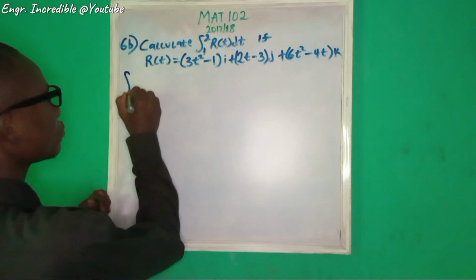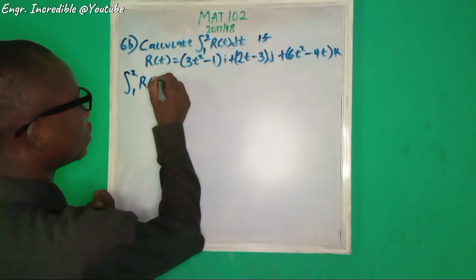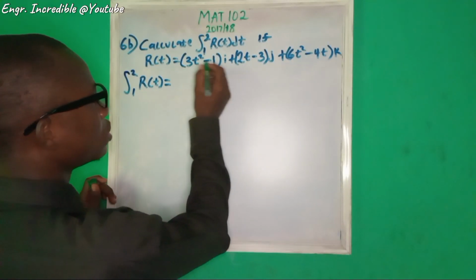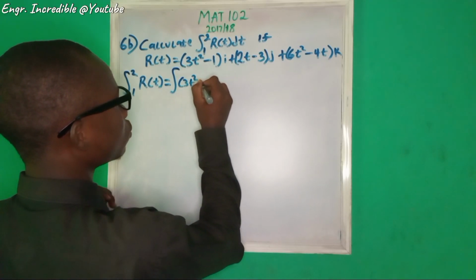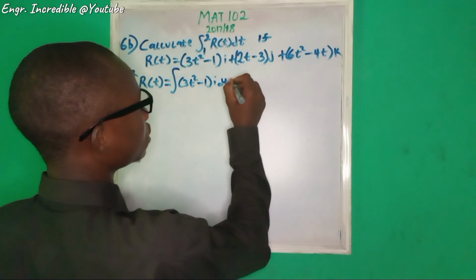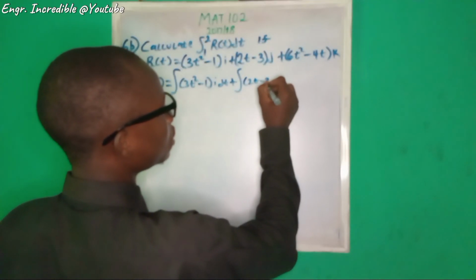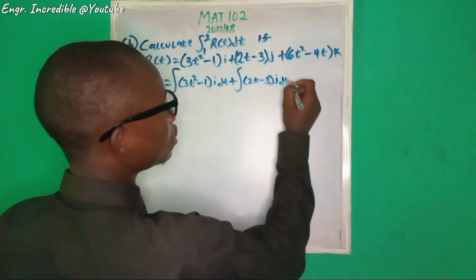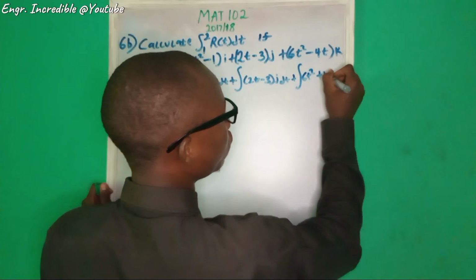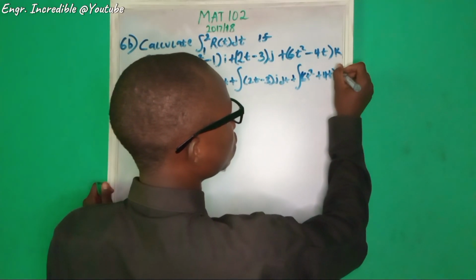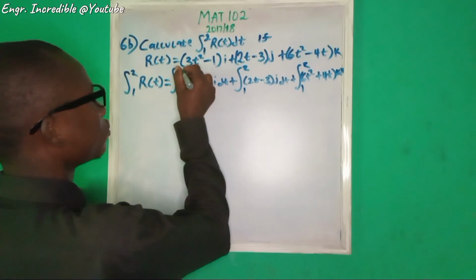Now the integral from 2 to 1 of r of t, when we integrate this part, is something like integrating (3t squared minus 1) i dt, then plus integrating (2t minus 3) j dt, then plus the integral of (6t squared plus 4t) k dt, from 2 to 1.